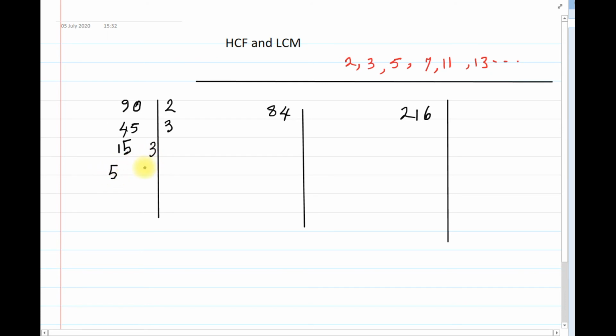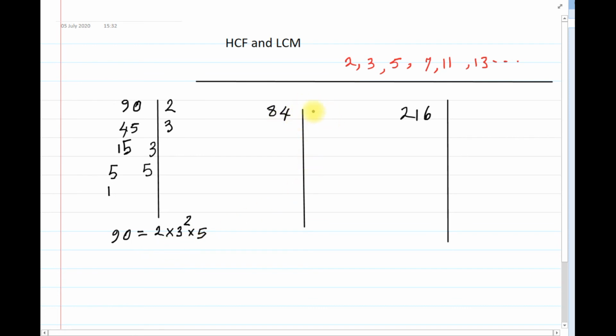Now 5 cannot be divided by 3, so we go to the next prime. It's divided by 5, and we stop when we get to 1. So 90 is factorized into 2 times 3 to the power 2 times 5.